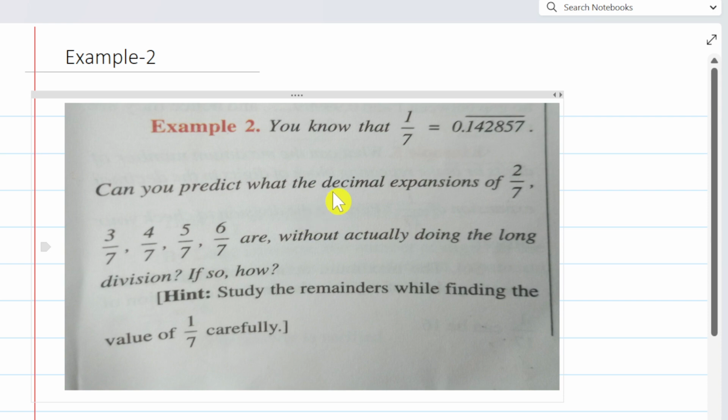Can you predict what the decimal expansion of 2 by 7, 3 by 7, 4 by 7, 5 by 7, 6 by 7 are without actually doing the long division? If so, how? See, the question is so long, but the answer is very short. I'll show you a very easy method.